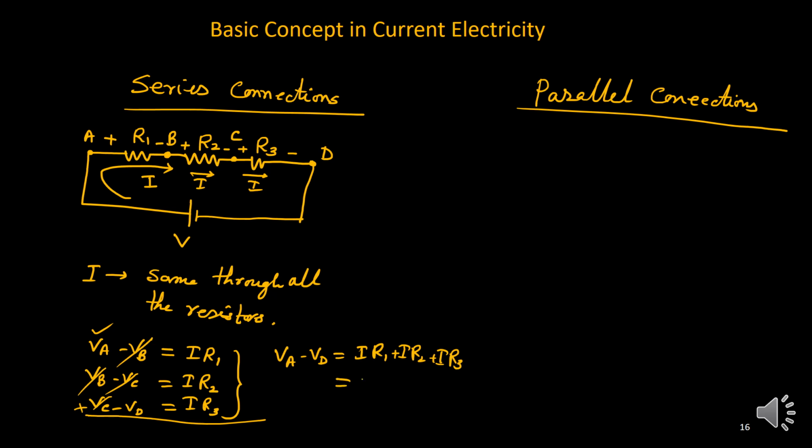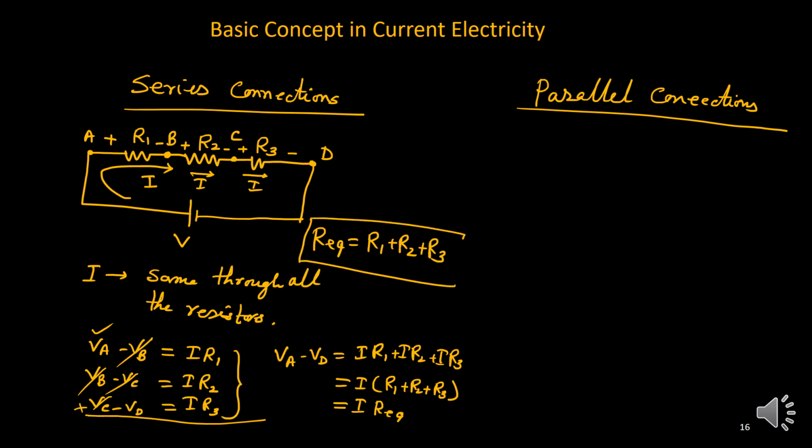I can take I common, so this is simply R1 plus R2 plus R3, which I can write as one resistance only, I into R equivalent. So R equivalent is simply the addition of those resistances, R1 plus R2 plus R3.